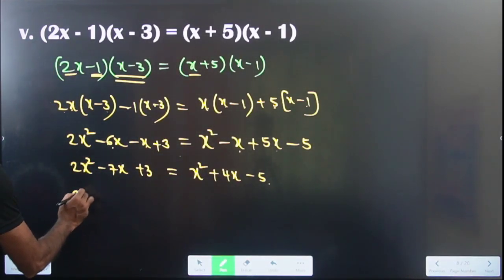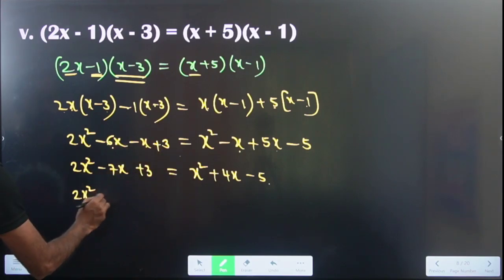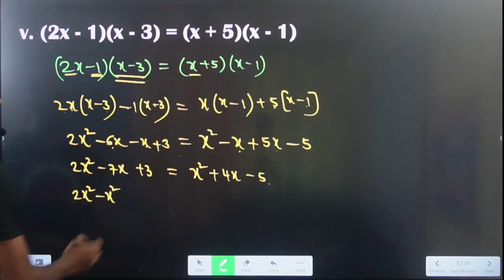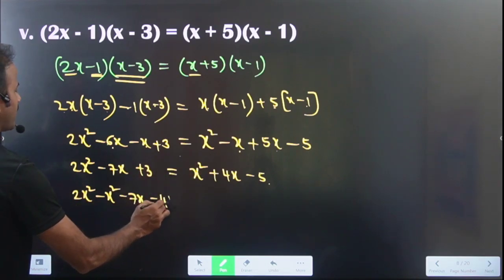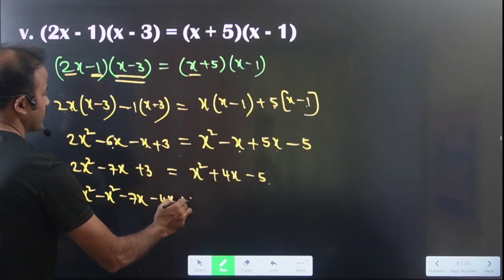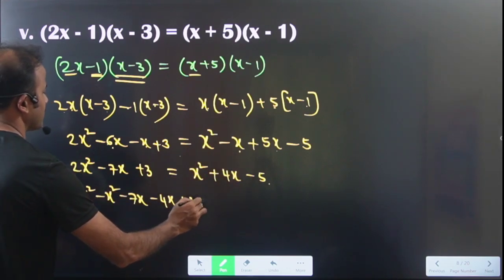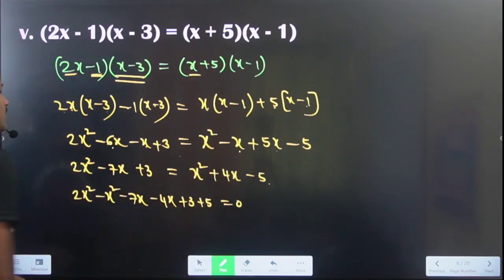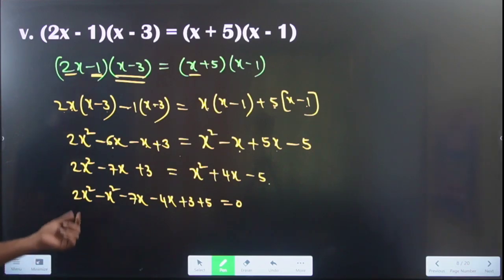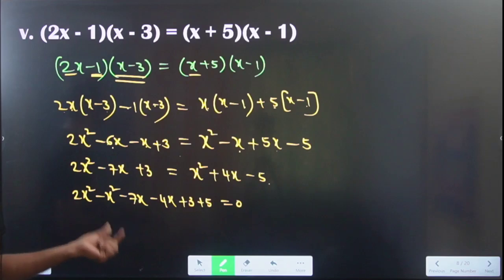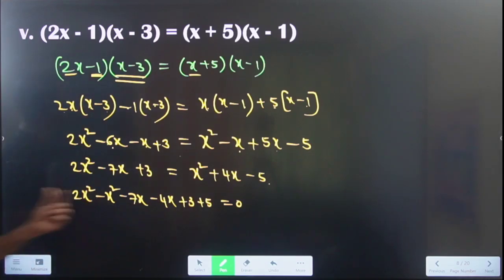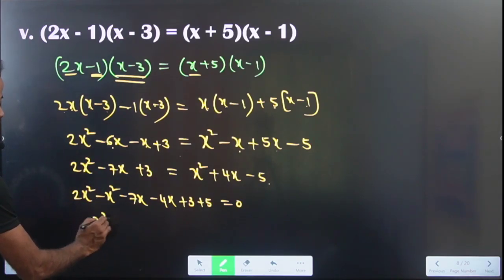2x square, plus x square, when you take it this side it will become minus x square, minus 7x plus 4x, when you take it here it will become minus 4x, plus 3 minus 5, when you take it this side it will become plus 5. Okay, then all similar terms you write together, right? 2x square minus x square is how much? 2 minus 1 is 1, that is x square.